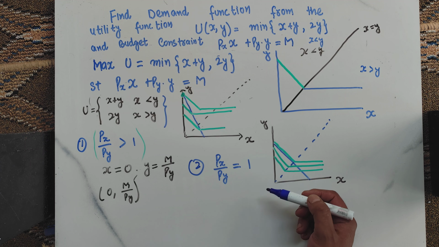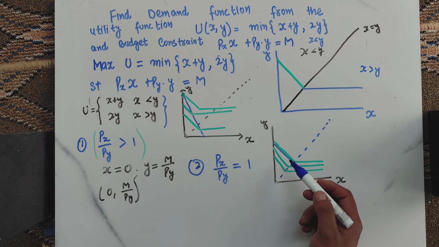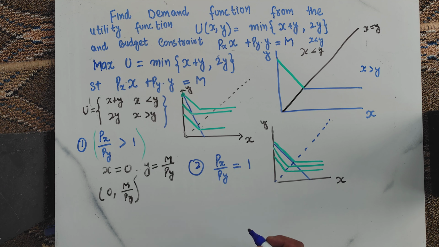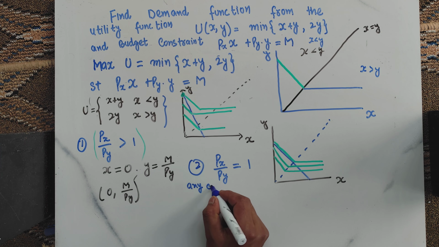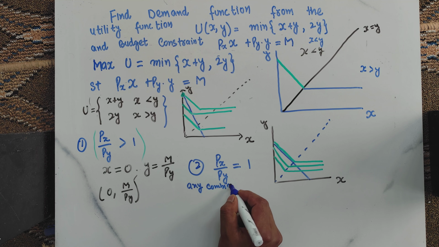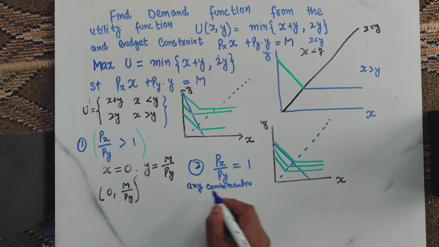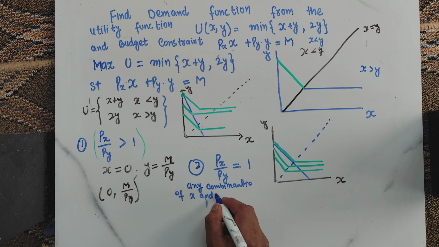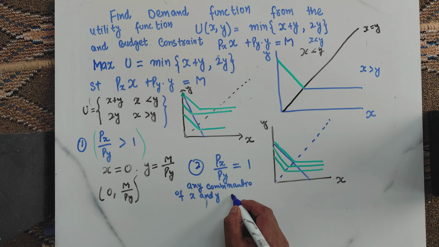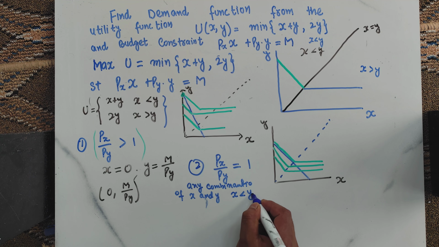The consumer will choose any combination of x and y along the budget line. Okay, so any combination of x and y, that will be the optimal point.